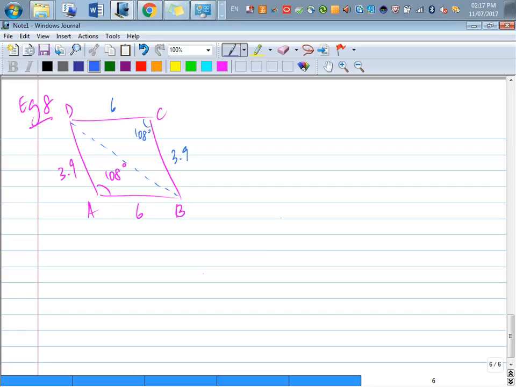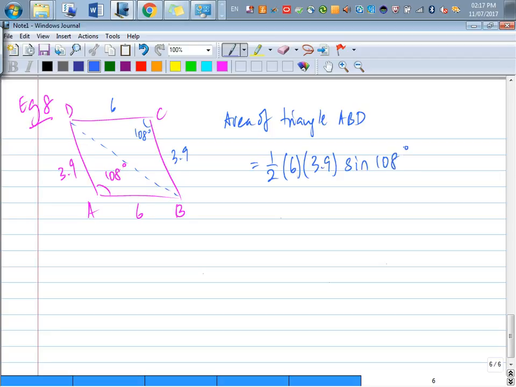So now I'm going to consider the area of triangle ABD. How much is this area? Half times 6 times 3.9 times sine 108 degrees. Okay, work this out.